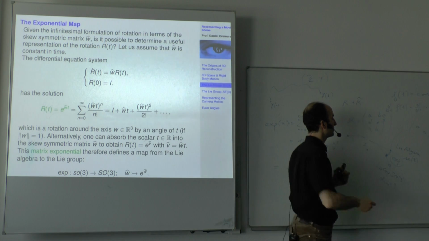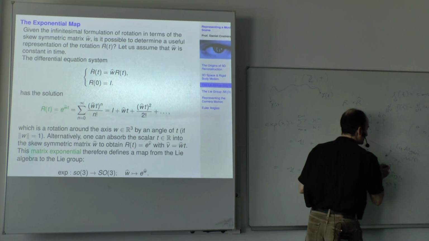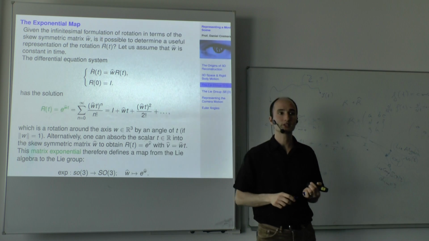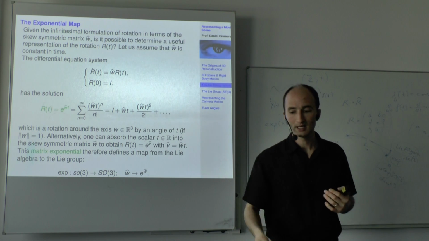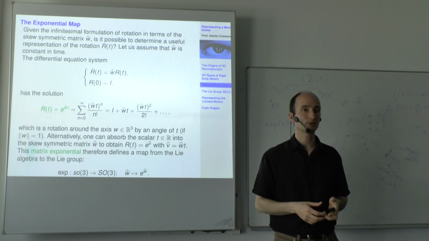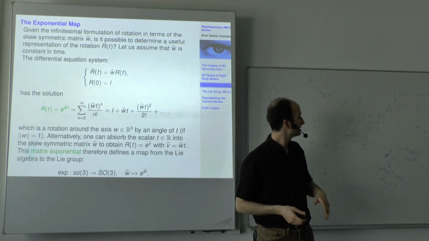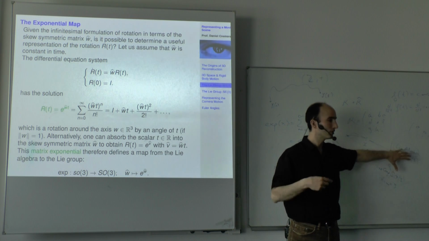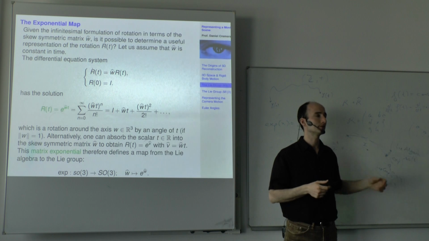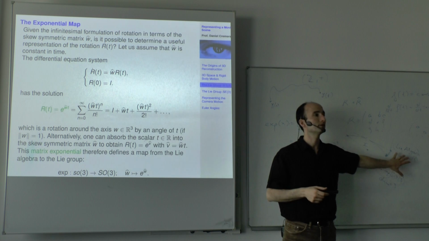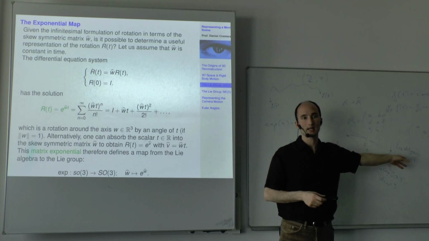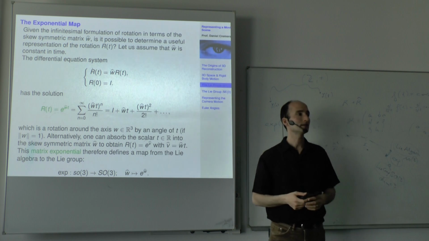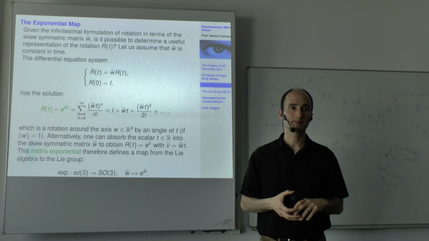So the map from the Lie algebra to the Lie group is always called the exponential map, even if for general Lie groups it's not strictly speaking an exponential function. And this shows you that the whole notion of Lie groups and Lie algebras was actually built on the rotation matrices. That's where the terminology came from. This is why this map is called the exponential map.